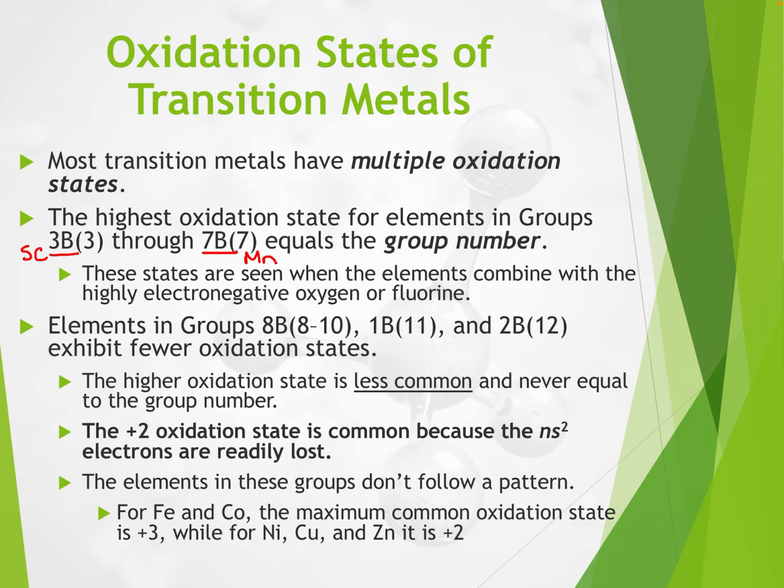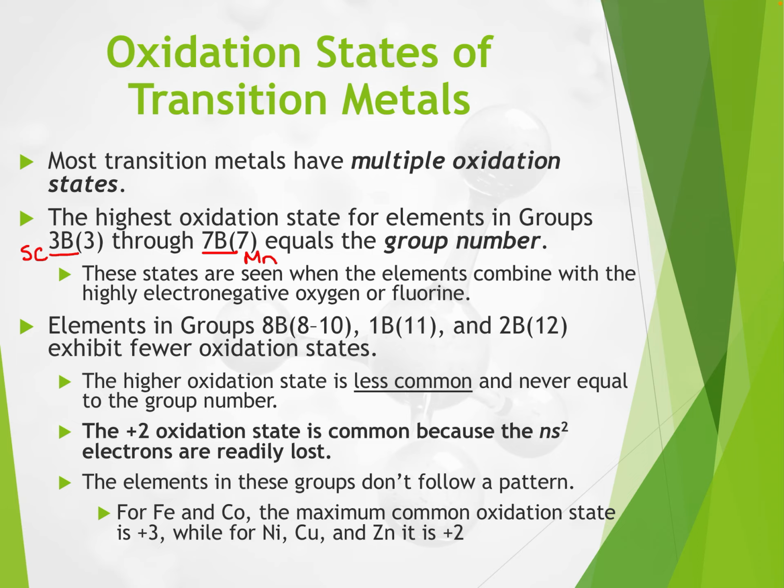So the highest oxidation state for those groups will equal the group number. And this is because those elements tend to lose all of their valence electrons. They completely remove all of their D electrons and all of their S electrons, and they will use the noble gas configuration of argon or krypton or whatever came before them.